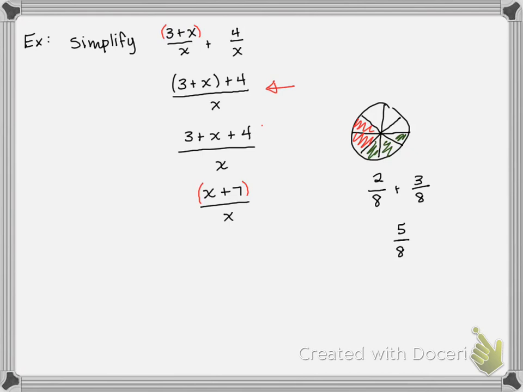So it's a lot like like terms. The denominator of a fraction all it really tells us is the size of each piece, how much the whole has been split up into. And that doesn't change when you add things together. We don't all of a sudden have 16 pieces when I add 2/8 plus 3/8.